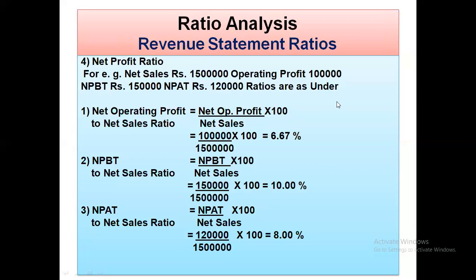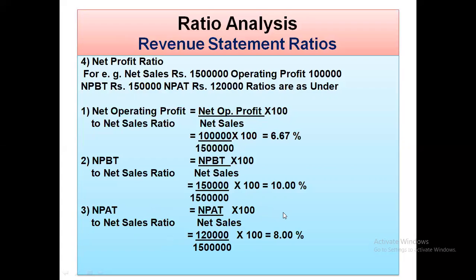And the third profit ratio is known as net profit after tax to net sales ratio. This ratio indicates the net efficiency of the organization, or the relationship of net profit after tax to net sales. For determination of this ratio, we use the formula net profit after tax divided by net sales into 100.